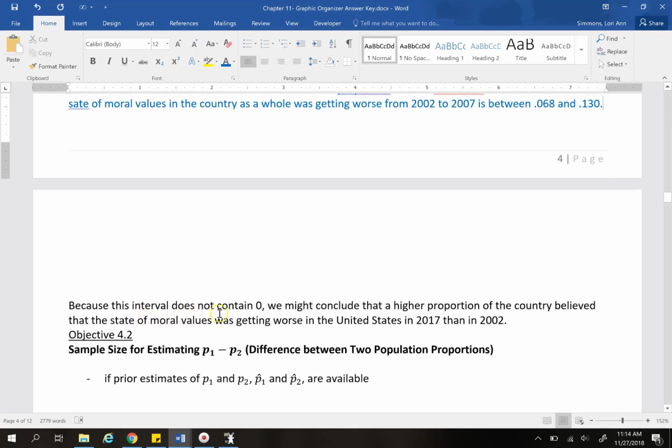Because this interval does not contain 0, we might conclude that a higher proportion of the country believed that the state of moral values was getting worse in the United States in 2017 than in 2002.